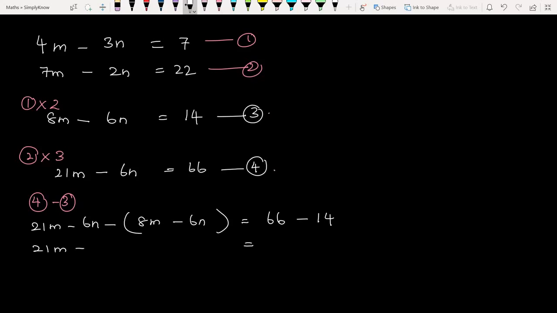Remove the brackets. Then 8m, and minus times minus is plus, plus 6n. 66 minus 14 is 52.